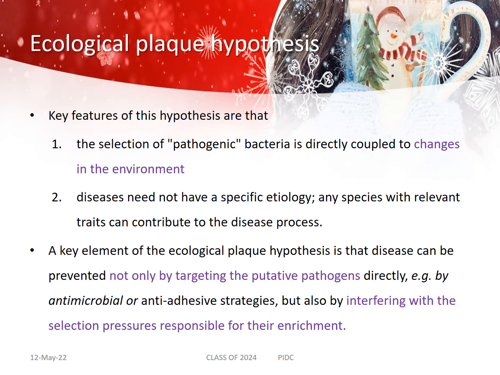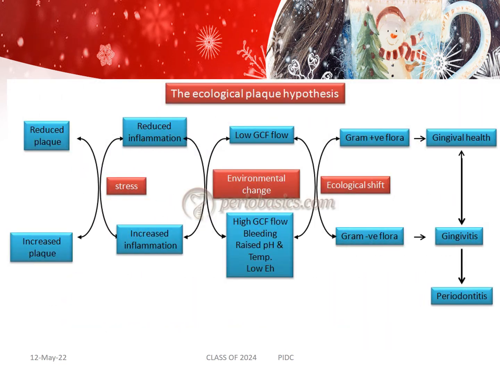In other words, the disease can be prevented not only by targeting the putative pathogens directly, but also by using antimicrobials, anti-adhesive strategies, and by interfering with the selection pressures responsible for their enrichment. The flora shifts from gram positive to gram negative microorganisms, resulting in the disease.